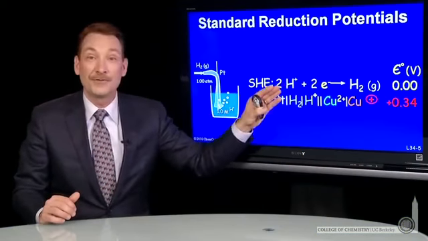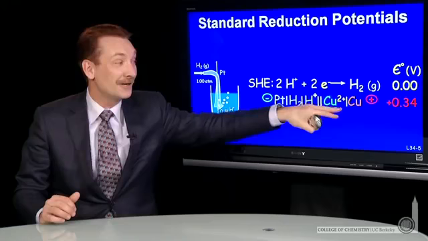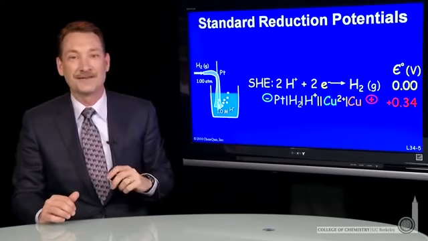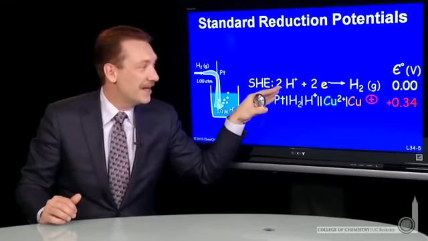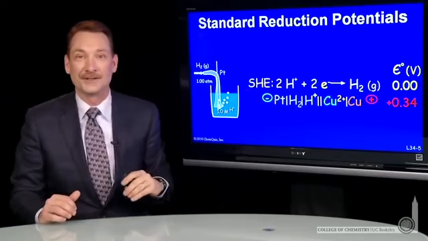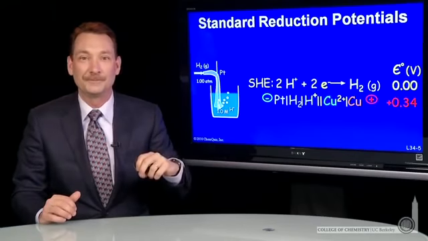That 0.34 volts we attribute entirely to the copper ion copper metal half cell. We say that the hydrogen ion hydrogen gas half cell has a 0 potential. It's the 0 reference point.